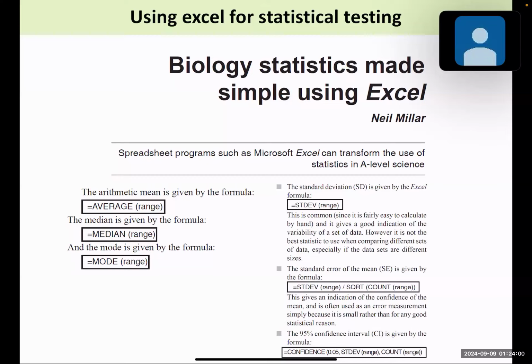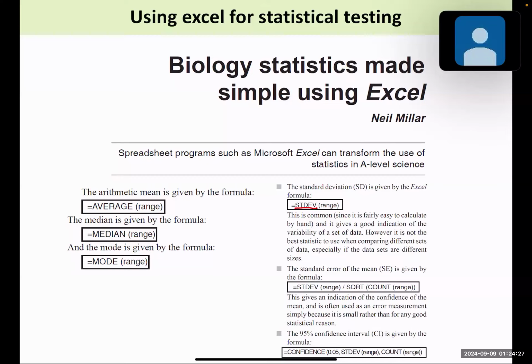First of all, you can use the function average to calculate the average. You can also use the functions median or mode. And to calculate standard deviation, you type in stdev. If you want to calculate the standard error of the mean, you need to divide this by the square root of the number of samples, right?